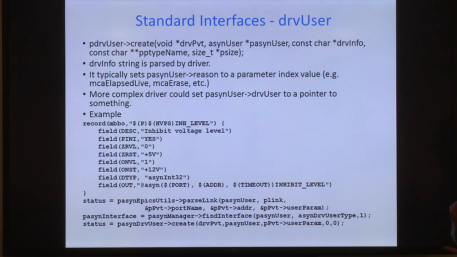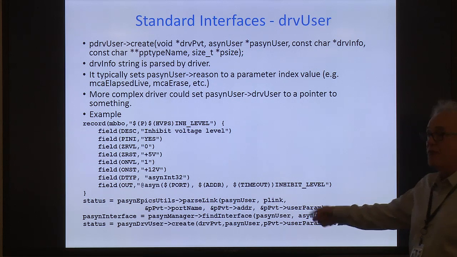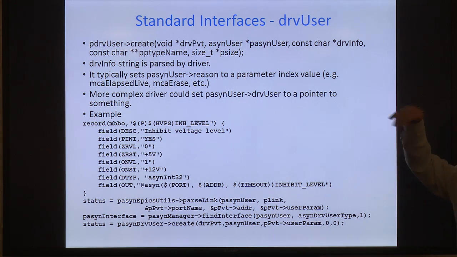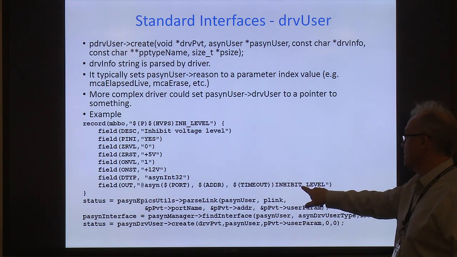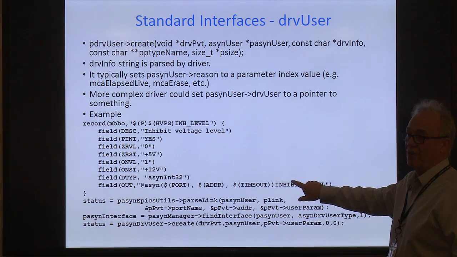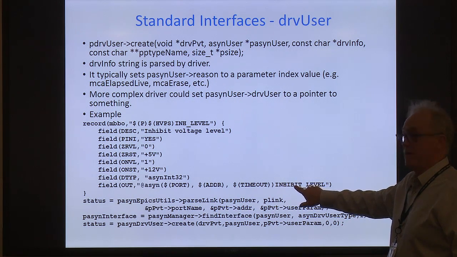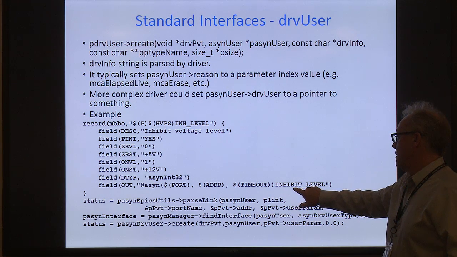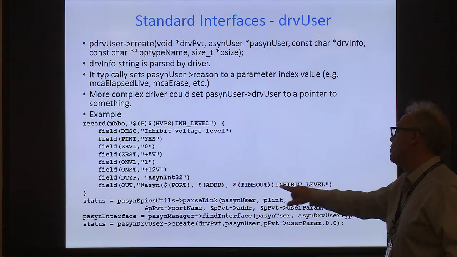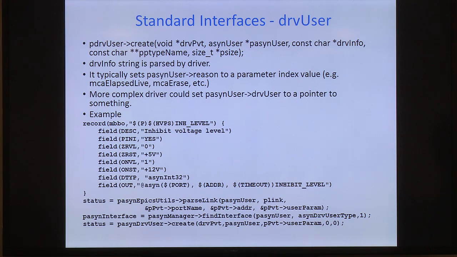There's two things it could do. Almost all cases, in fact, every case I know about, it just sets the asyn user reason field. But there is another pointer there where it could do something more complicated, like it could set a function that's called for these different user info fields here at the end.